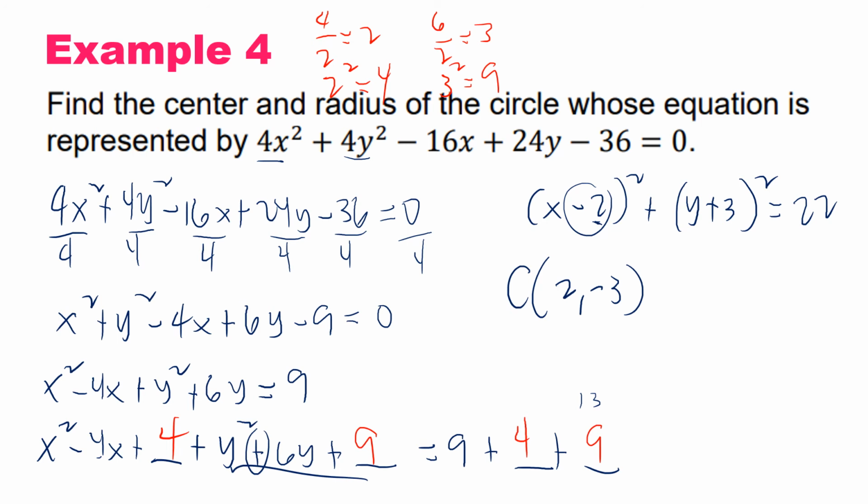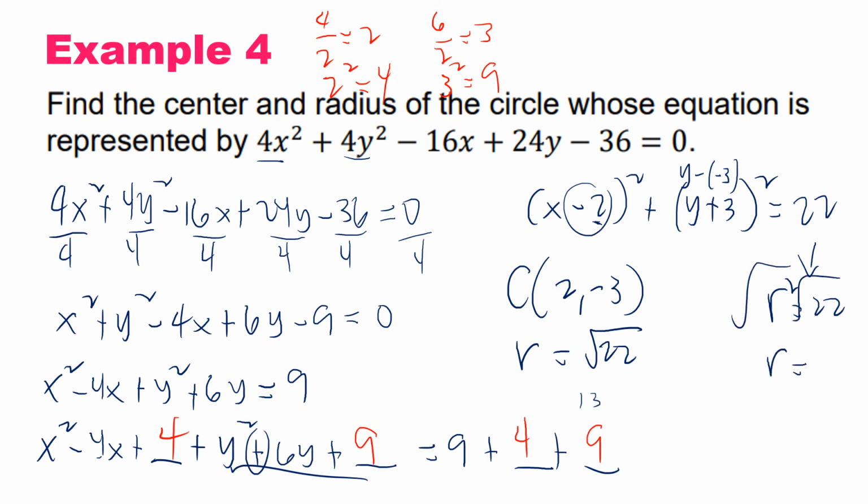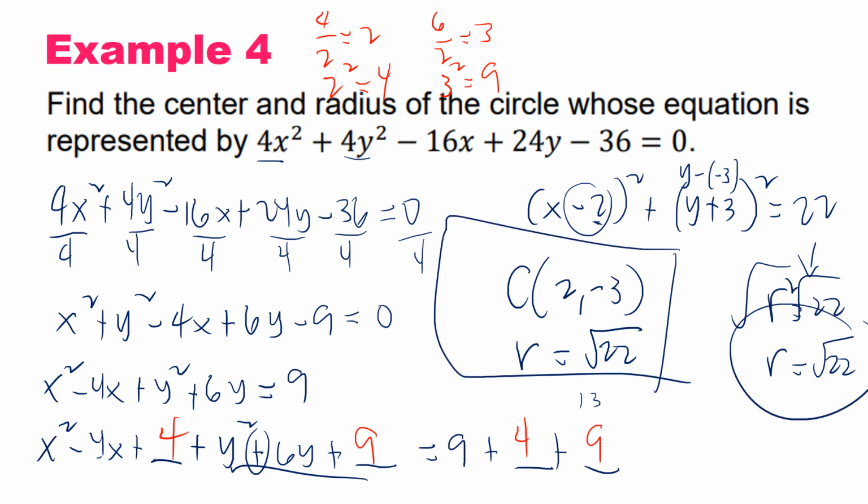Because this can be written in the form y minus negative 3. Okay, so paano naman yung radius? The radius is equal to square root of 22. It's because r squared equals 22. You get the square root of both sides. So r equals square root of 22. That's why this is the final answer.